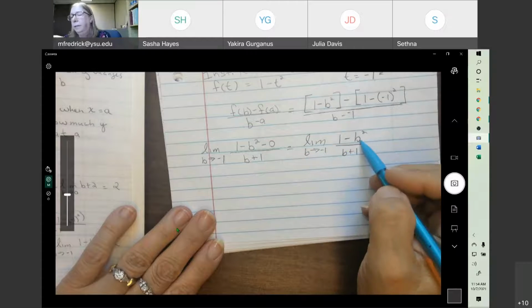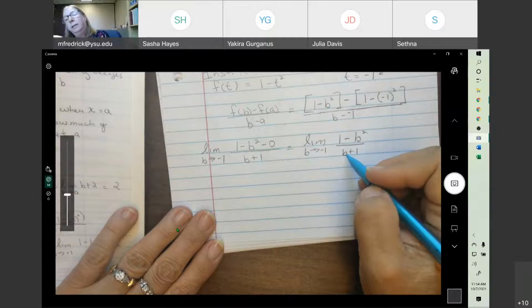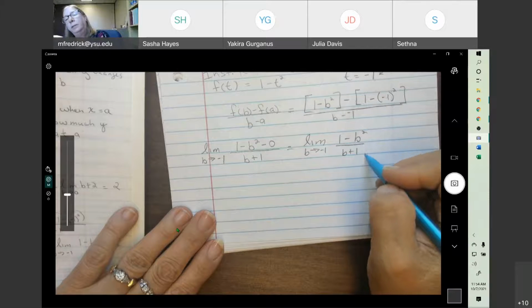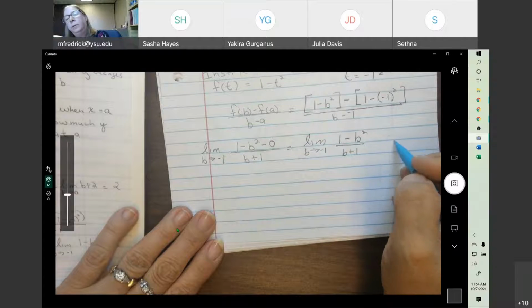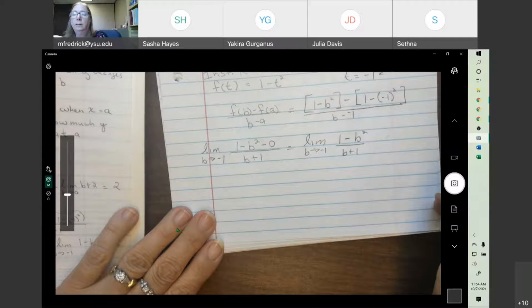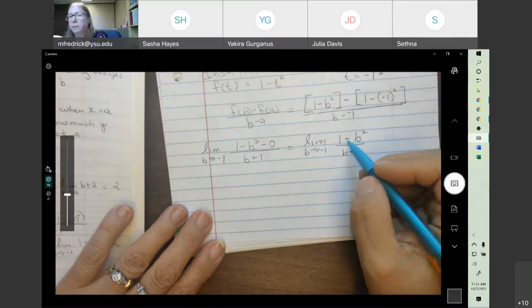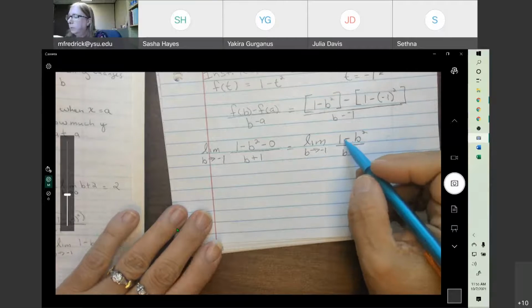If you plug in -1, -1 squared is 1, 1 minus 1 is 0. And plugging it in here, -1 plus 1 is 0. So this would give you 0 over 0, which means you need to simplify. This will simplify because it's the difference of squares.